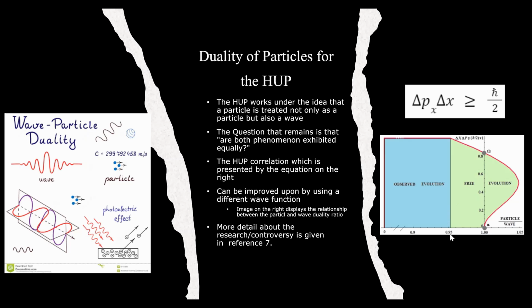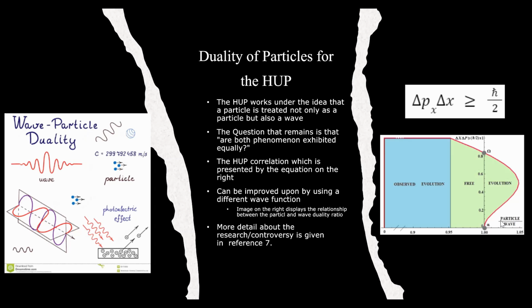In this case, we have 0.95 as being the greatest for the observed evolution, and that showcases that the particle aspect is not equally exhibited to the wave, whereas in the free evolution section, we could see an improvement to that ratio where we have 1.00 at 2 points, which is omega and alpha. The particle to wave ratio here is 1:1, and that is with the changed wave equations.